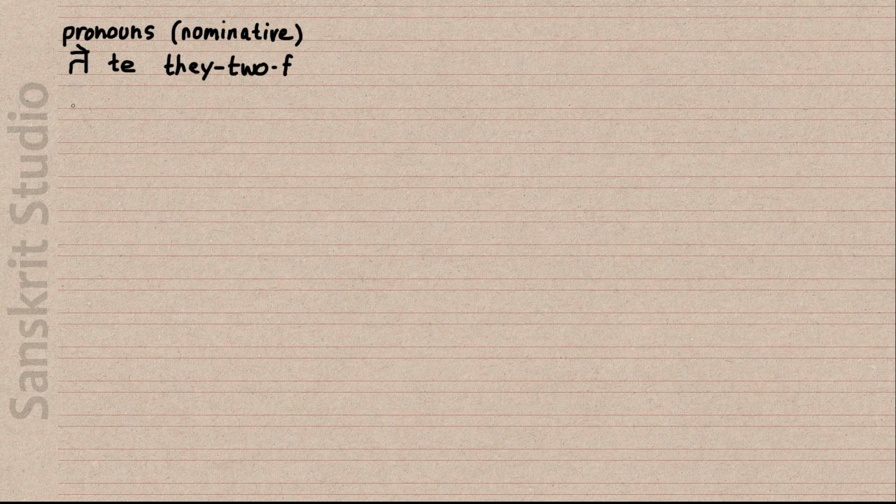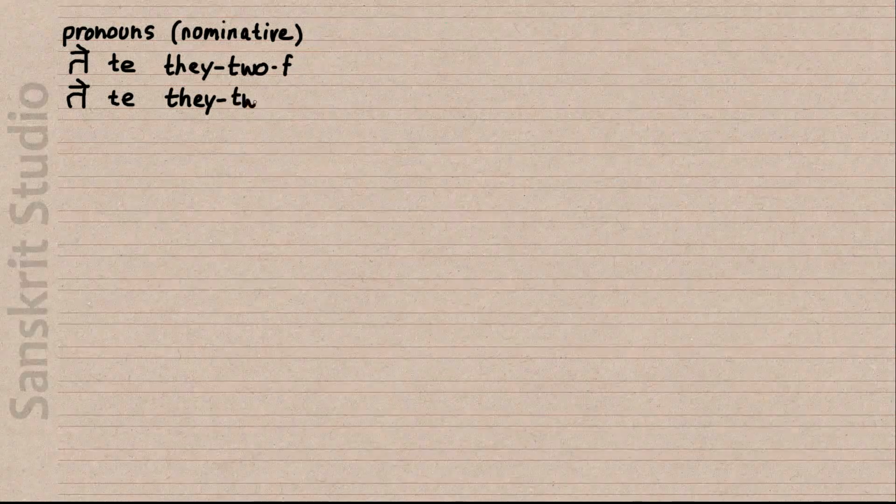And then the other form is, surprise here, te as well. And this means they two, neuter grammatical gender.